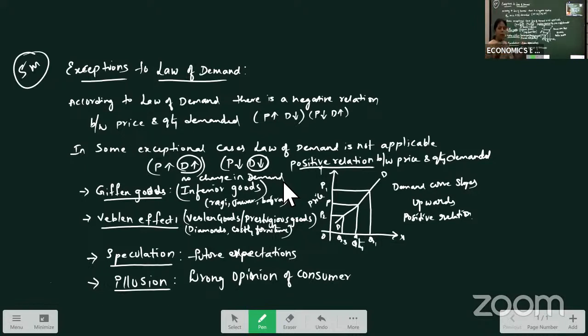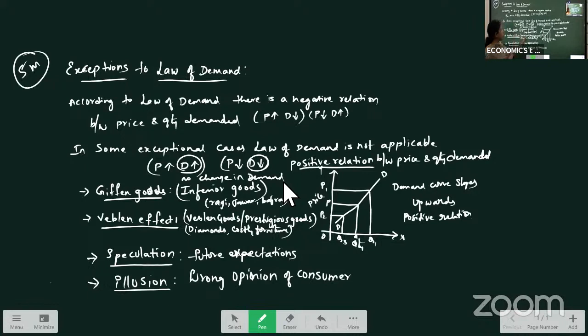This concept was explained by Robert Giffen, who observed among laborers whose income levels are low that they preferred bread over meat. Though the price of bread increased, they did not stop consuming bread. The price of meat did not change, but they did not purchase meat.